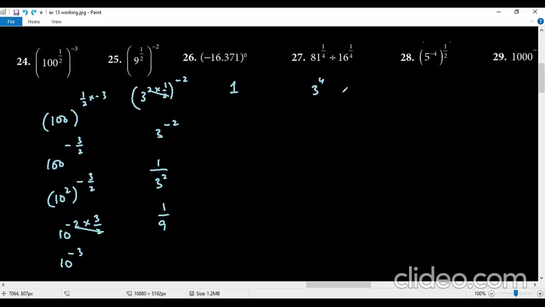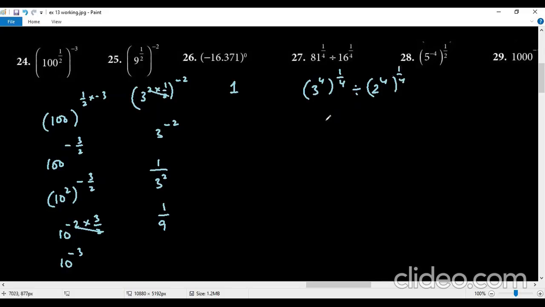Now, the only thing is that you must remember that this denominator tells you that this should be the power to bring this 81. Now, 81 to the power 1 over 4 divided by 16 to the power 4. That means 2 to the power 4 is 16, and the power is 1 over 4.